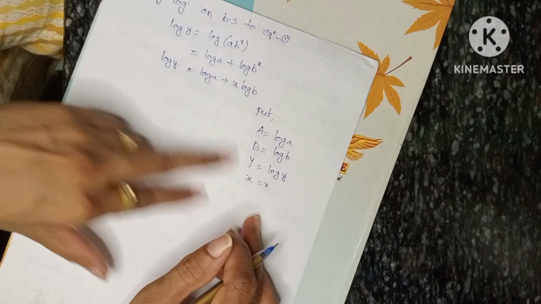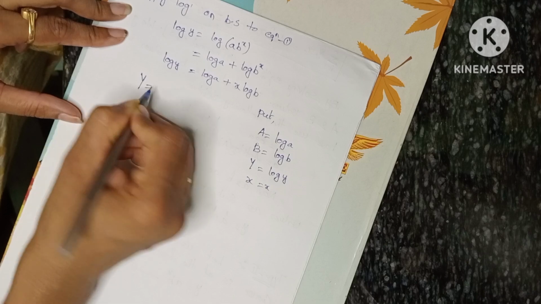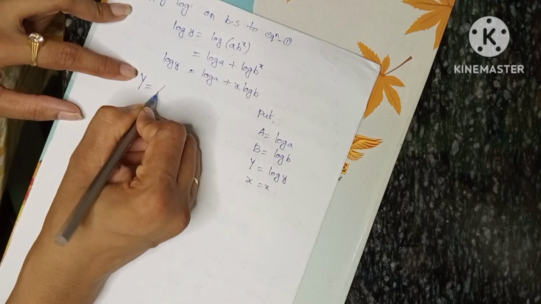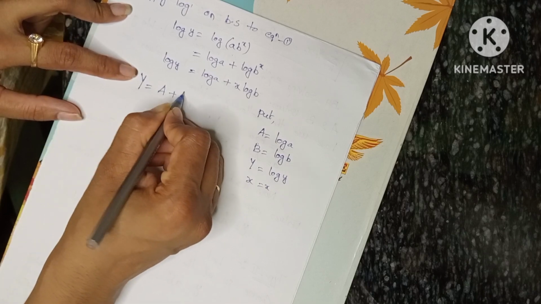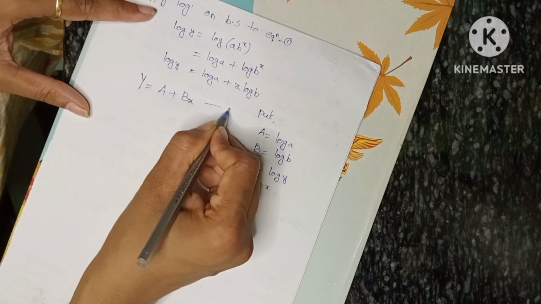Okay, these all values we have to substitute in this. So we get capital Y equals capital A plus capital B x. Okay, so this is equation 2.